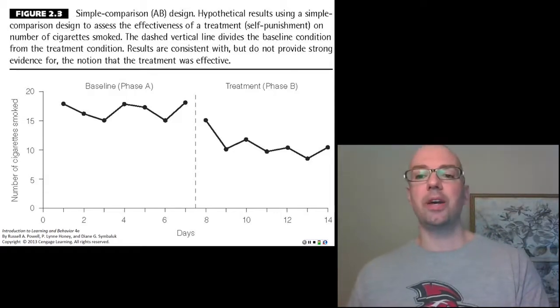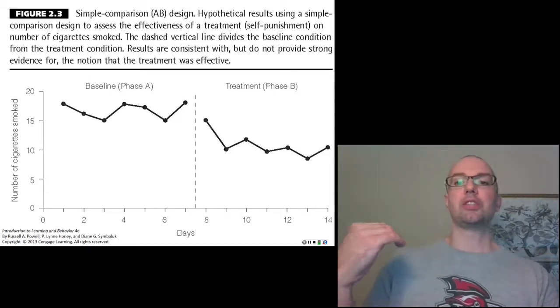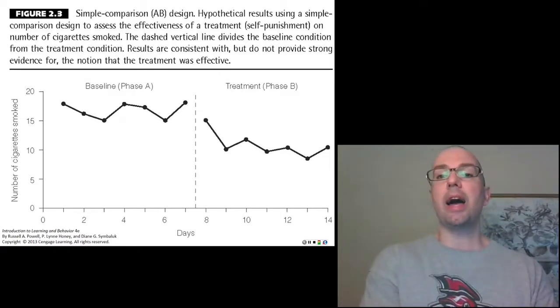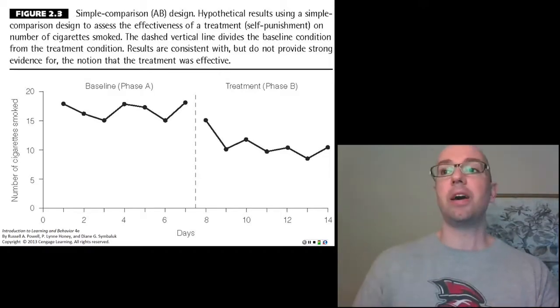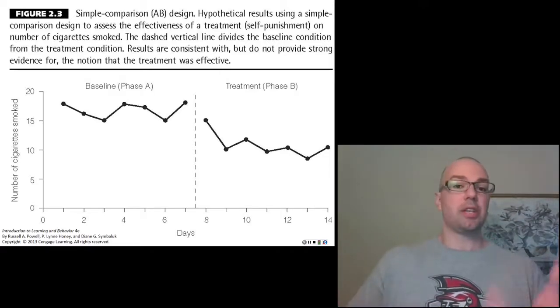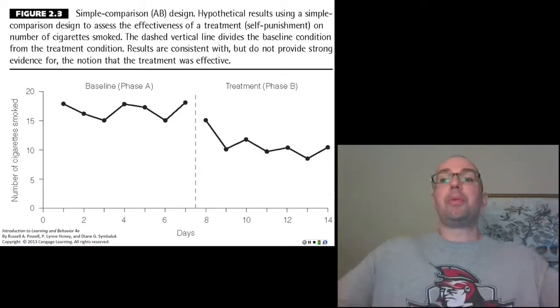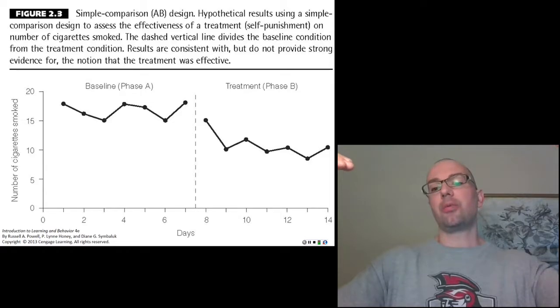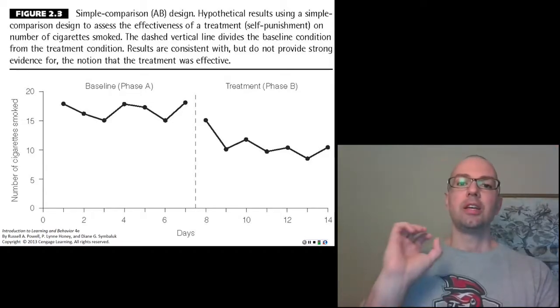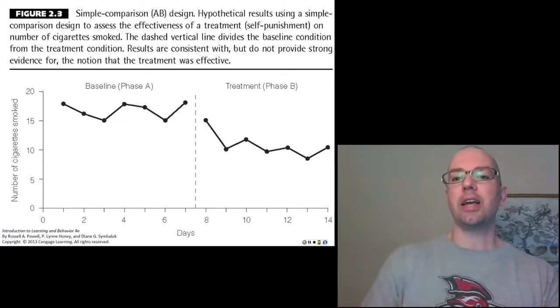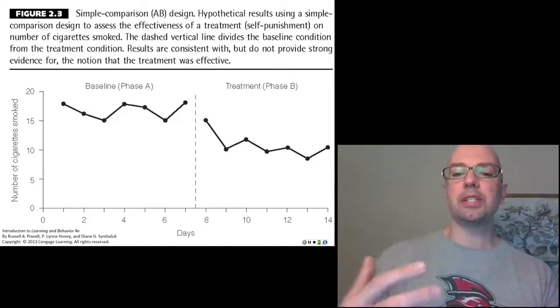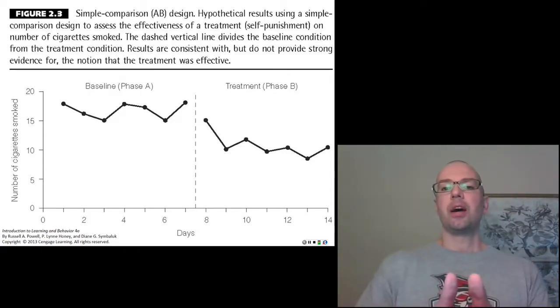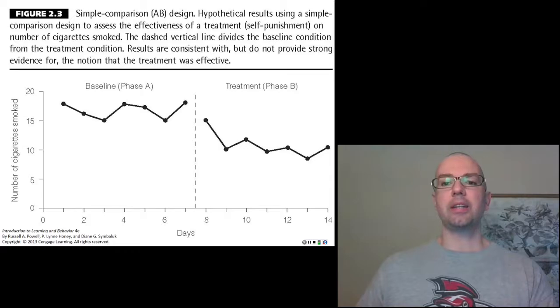It's not going to be effective for this individual, because as soon as their mom goes back from her vacation, as soon as they find a new job, as soon as their cigarette shop rebuilds, whatever the case, their behavior is going to go back to their original levels. So this is the flawed design, and we need different designs to determine whether or not the treatment was effective.